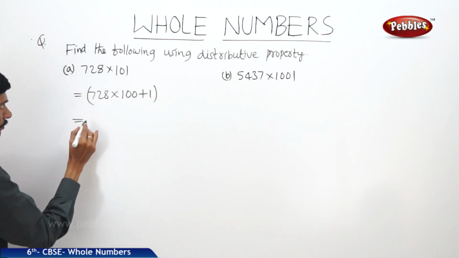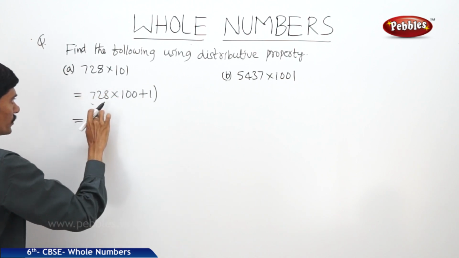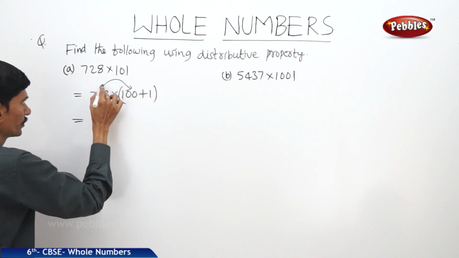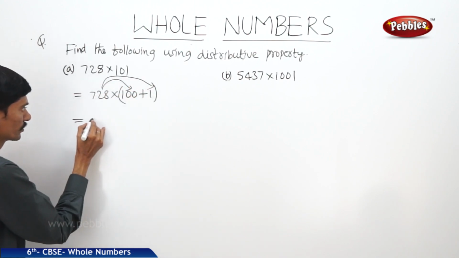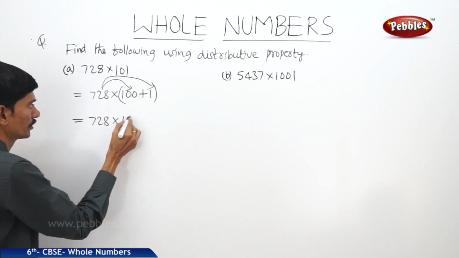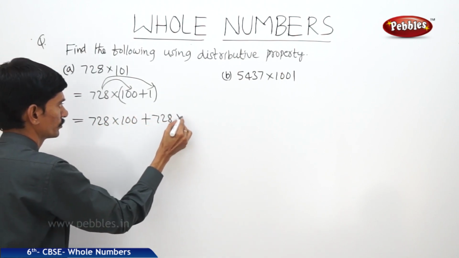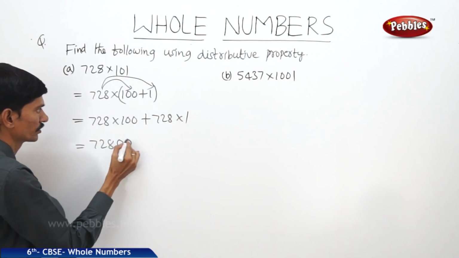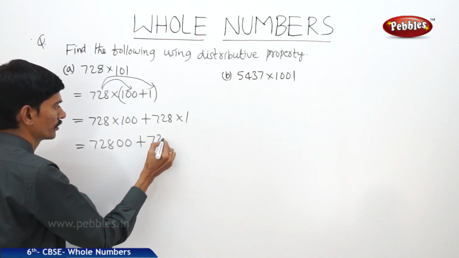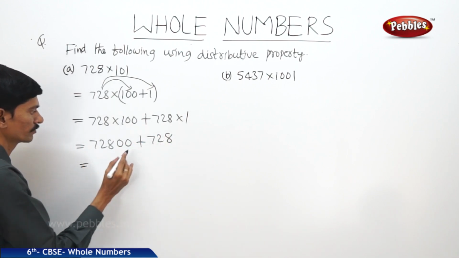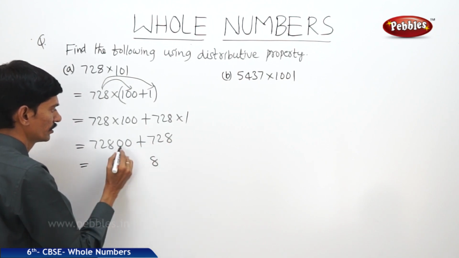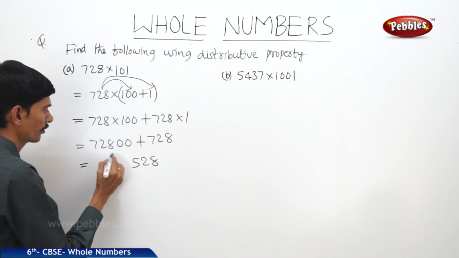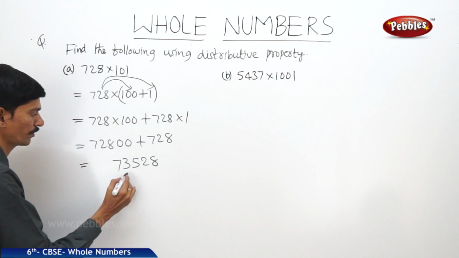Using the distributive property, we write 728 into 100 plus 728 into 1. This equals 728 with 2 zeros plus 728. Adding: 0 plus 8 is 8, 0 plus 2 is 2, 8 plus 7 is 15, 1 plus 2 is 3, and 7, giving 73,528.